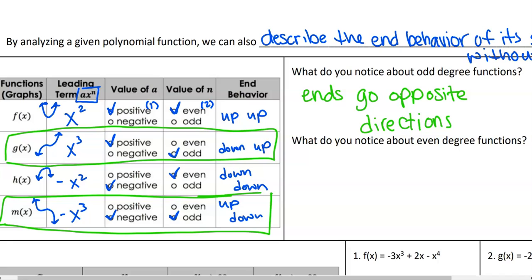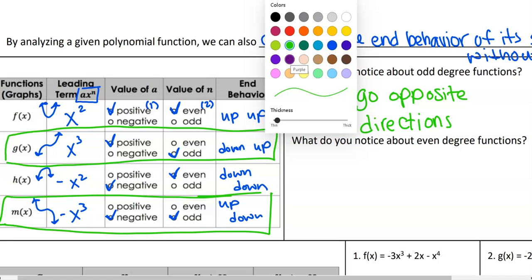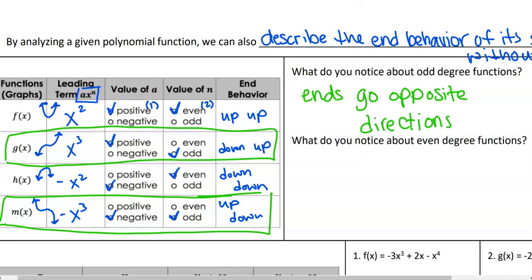What do you notice about the even functions? They're going the same direction. They're either both up or both down, right? So ends go the same direction.